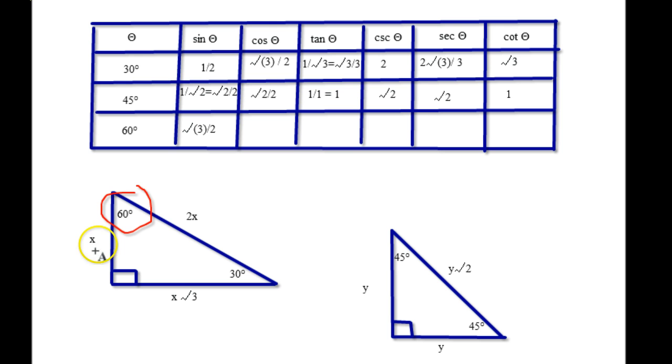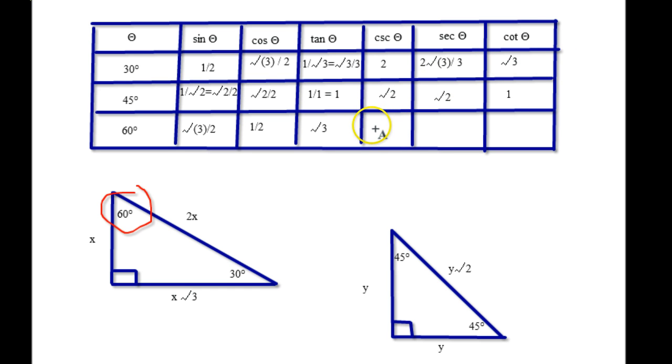Okay, now adjacent divided by hypotenuse is going to be x over 2x, so that just turns into 1/2. That's interesting. That looks like that sine up there. And tangent is going to be x root 3 over x, so that just turns into root 3, which is really interesting because that looks like that one up there, and that's the exact calculation I did.